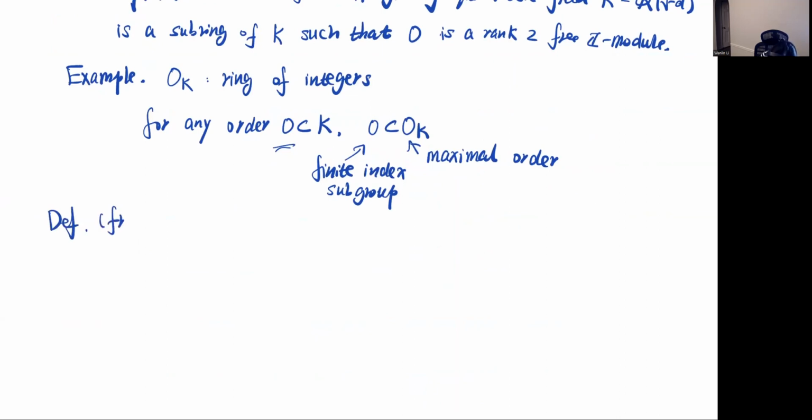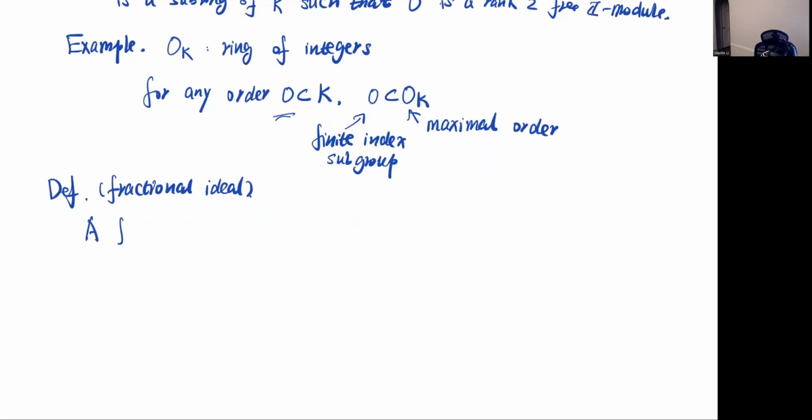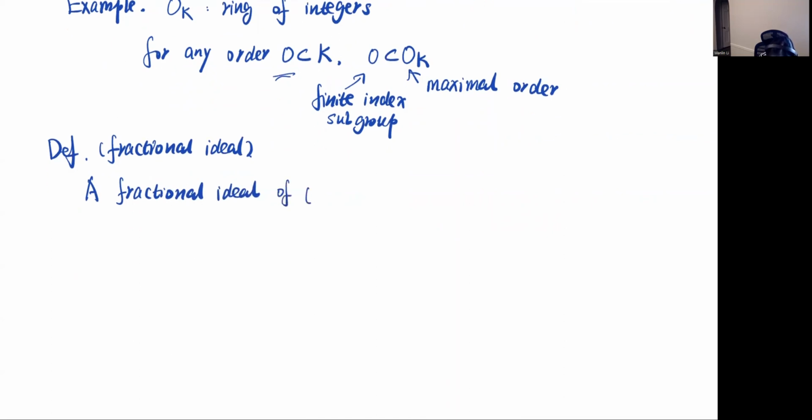So let me give you the following definition, namely fractional ideal. A fractional ideal of O is a subset of K which is a non-zero finitely generated O module.